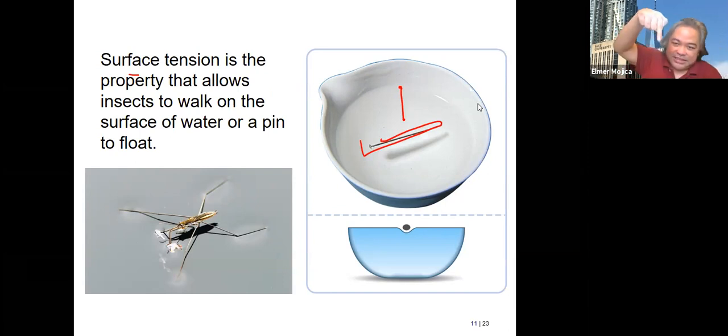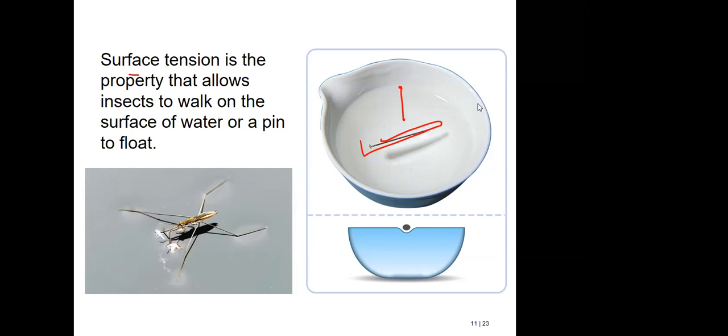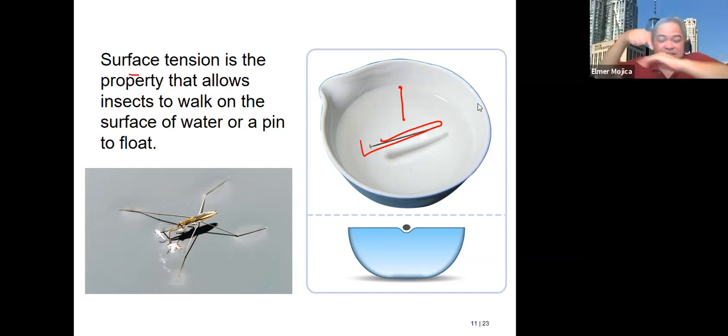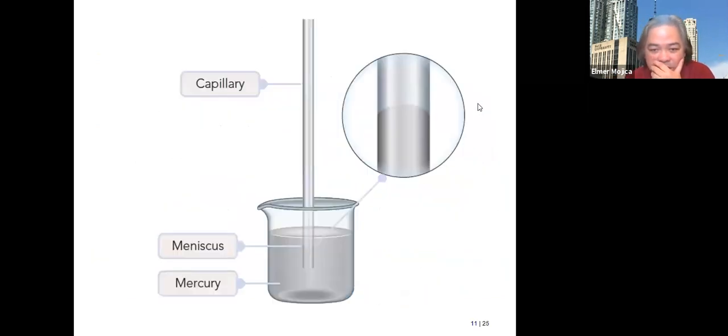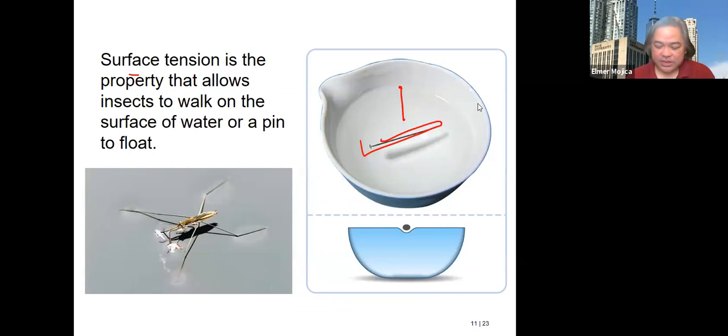But if you place it like this, what happens? It's going to sink, because the surface area is not enough. So the tension that you have there in the surface is not enough. But if it's enough, most likely it's going to float.